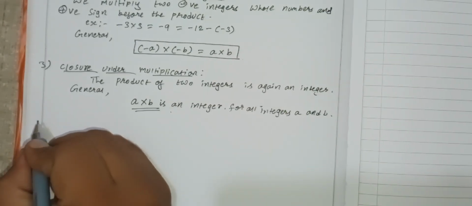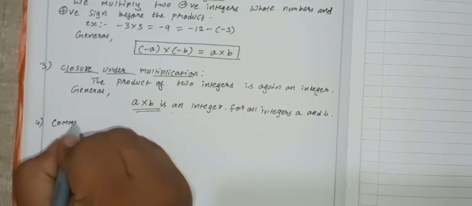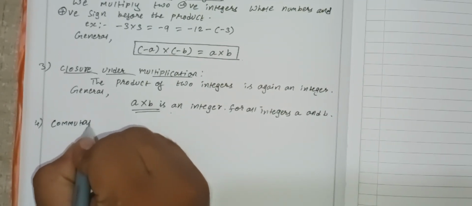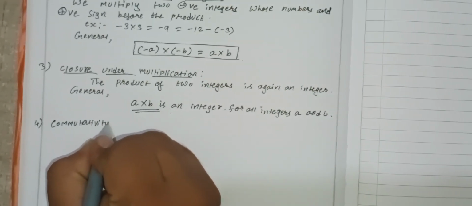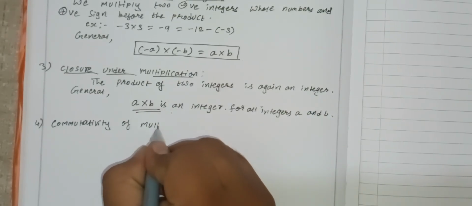Next, the fourth one, commutativity of multiplication.